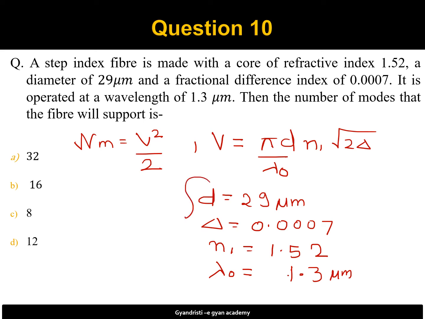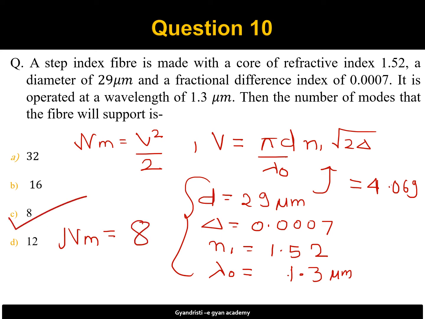So if we substitute these values in the expression for V number, we will get 4.069. Therefore the number of modes allowed will be approximately equal to 8. So the correct option is C.